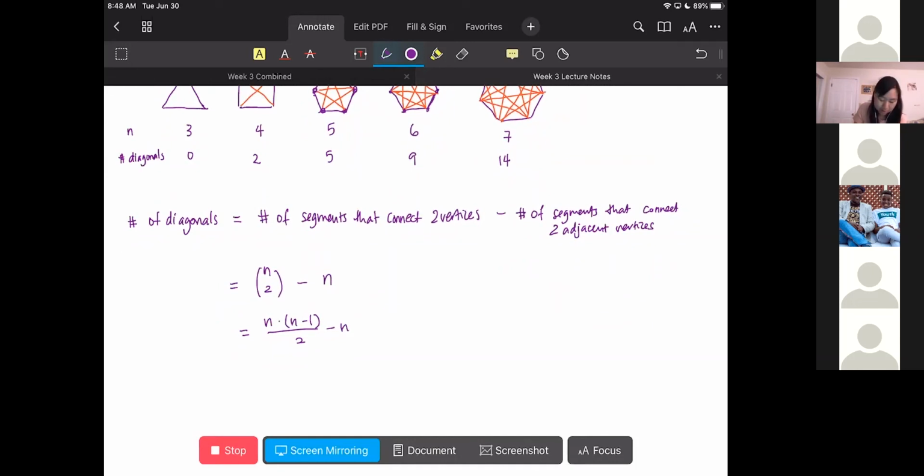I guess we could do this in many ways, but let's say we just expand it out: n squared minus n over 2 minus n, which is n squared minus n minus 2n over 2, n squared minus 3n over 2, which is n times n minus 3 over 2.